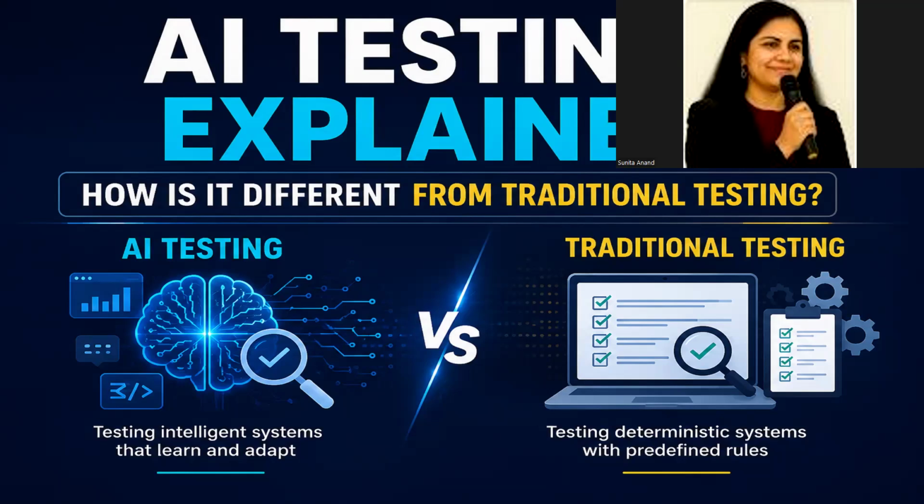It becomes easier for us to track defects, log defects, and retest, because when we assert or validate, we are validating one particular output. That is why it follows certain predefined rules. That means it has a user story in place, its acceptance criteria, its test scenarios and test cases.